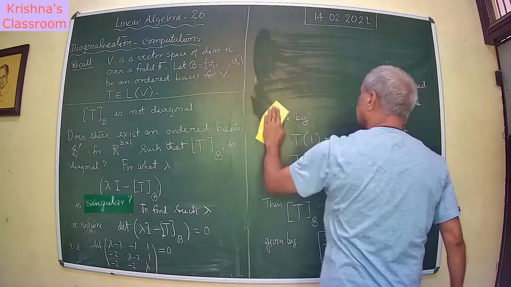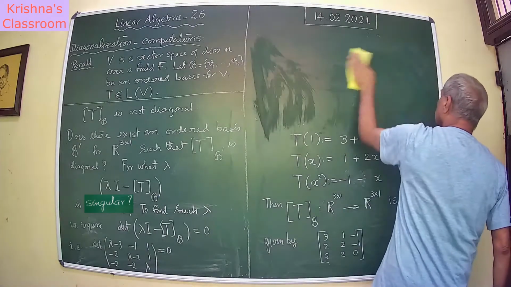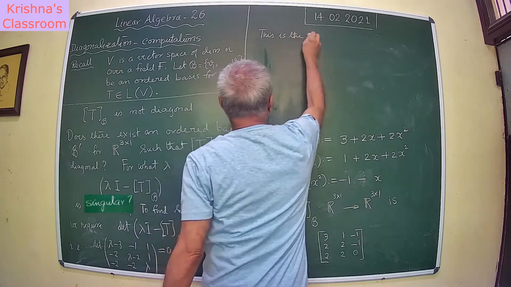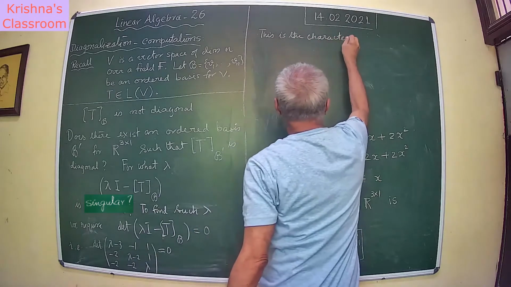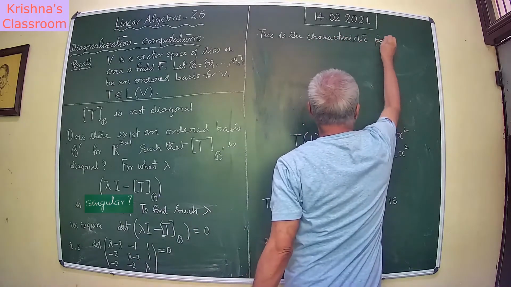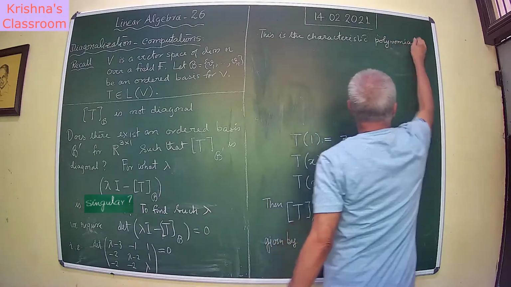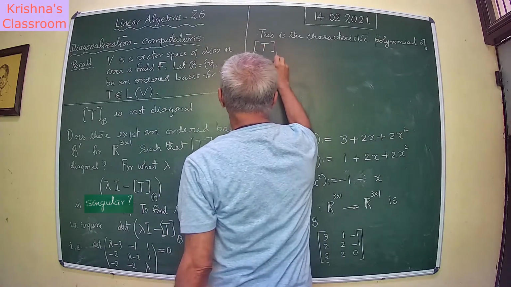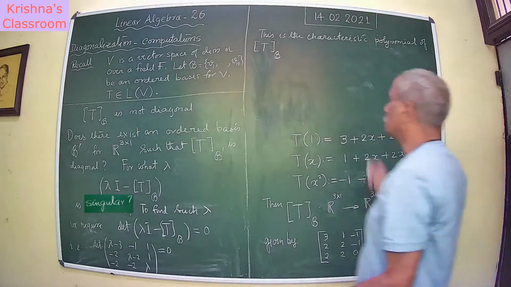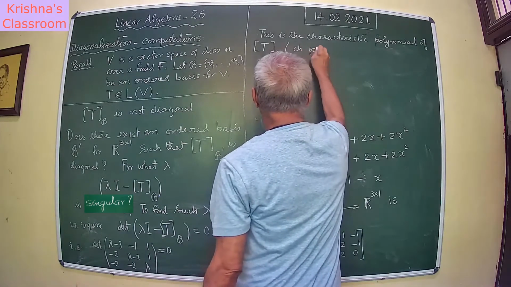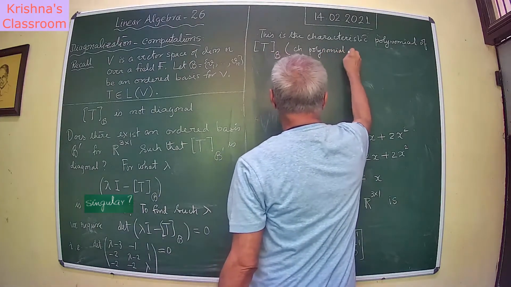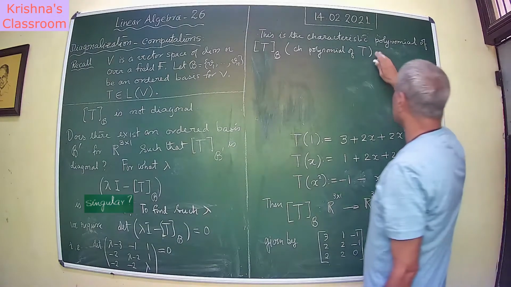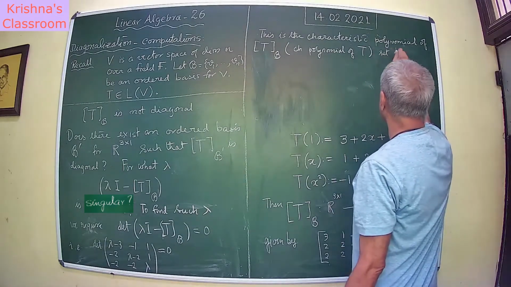This turns out to be what is called the characteristic polynomial. The characteristic polynomial of T is also the characteristic polynomial of TB, set to 0.